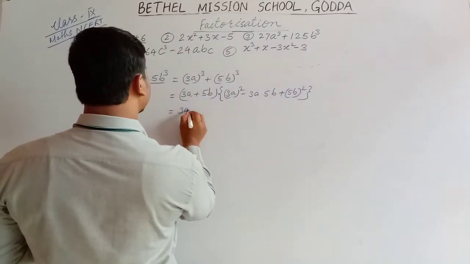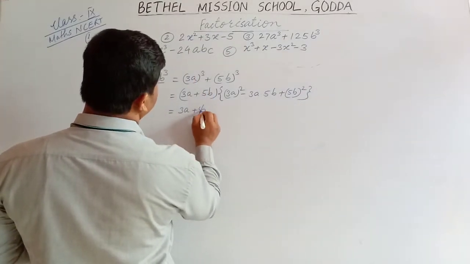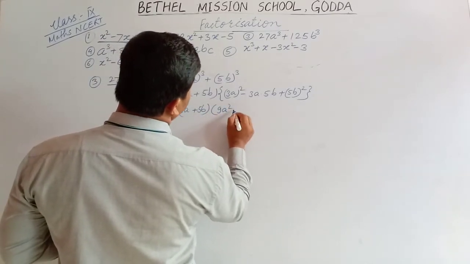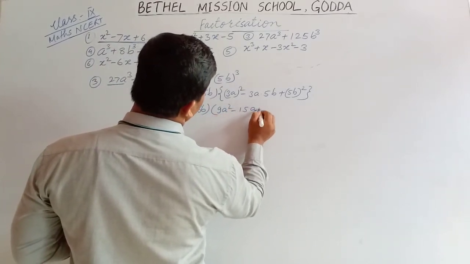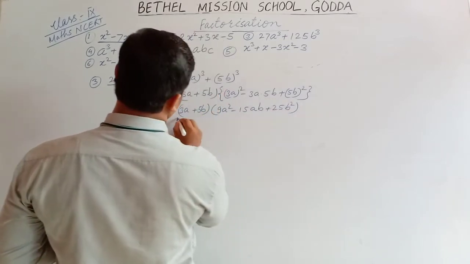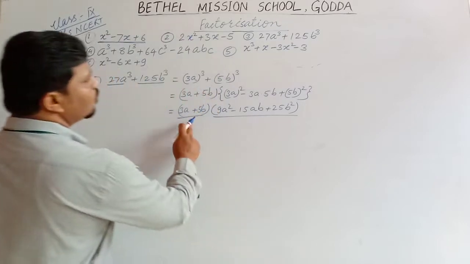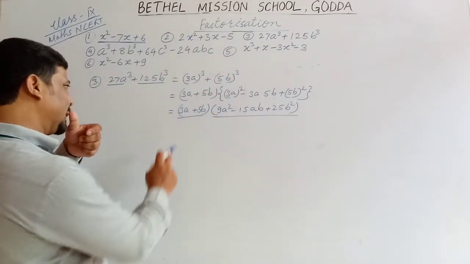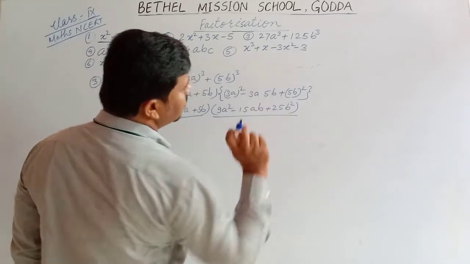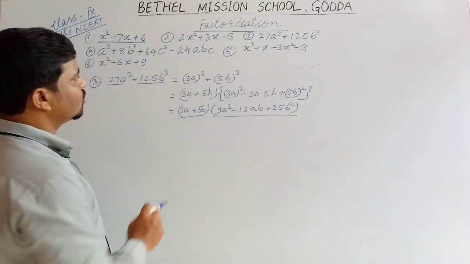And what will be 3a plus 5b and 9a square minus 15ab plus 25b square. So you can see we factorized and two factors are there, 3a plus 5b, 9a square minus 15ab plus 25b square.